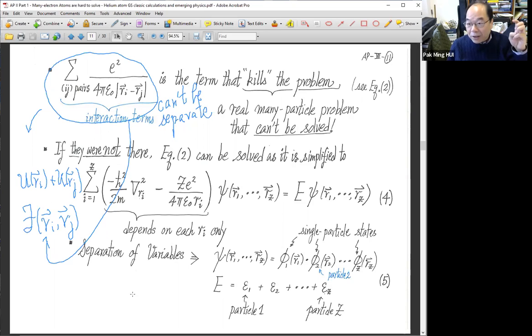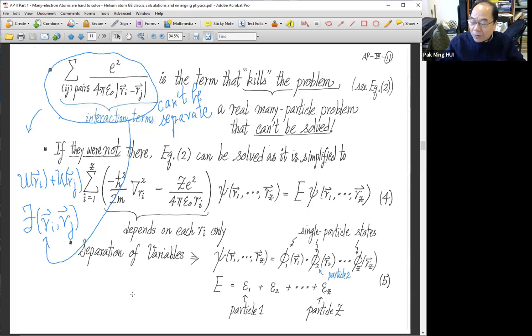You can separate the many electron problem into electron number 1 problem only, number 2 only, number 3 only, and so on. Then you can do it very leisurely because all of them are single particle problems.